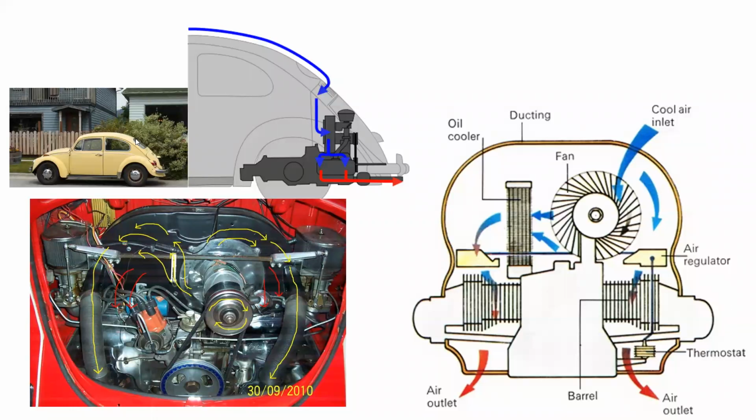This has an air-cooled engine. The air-cooled engine absorbs air from these holes below the rear windscreen, so the airflow is as shown here. The engine is at the back, but there's no radiator here, no coolant. It's a fully air-cooled engine.